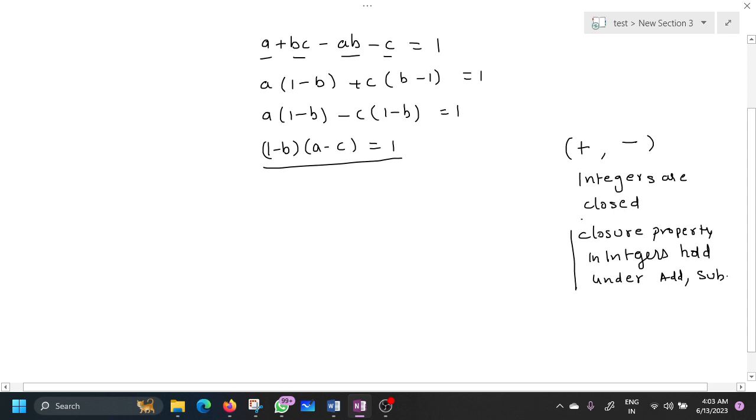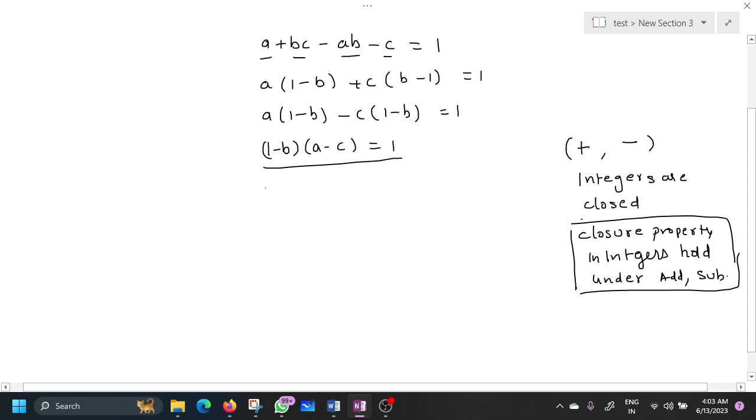So we will keep this thing in mind, that if we add two integers and if we subtract two integers, we will get an integer only. So in other words, if we add two integers, we cannot get a fraction in layman's language, or if we subtract two integers, we cannot get a fraction.